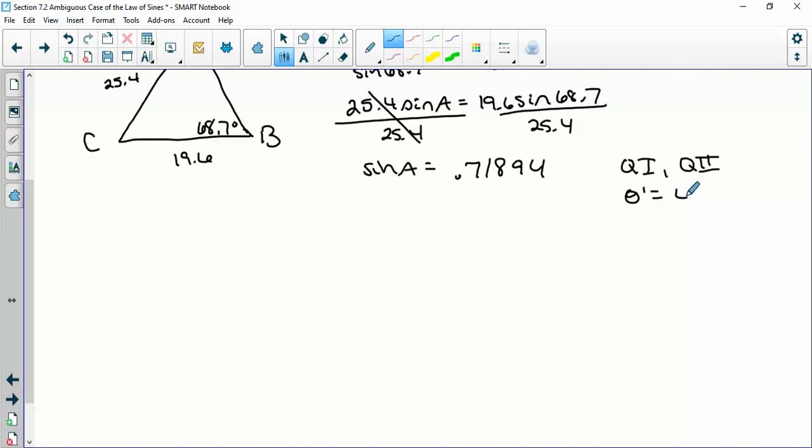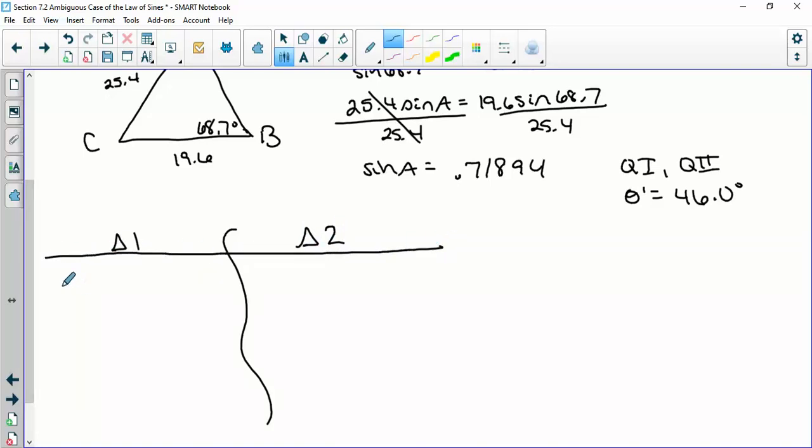So 45.967. I'm just going to round that to 46 degrees. So in quadrant 1, angle A would be 46.0 degrees.